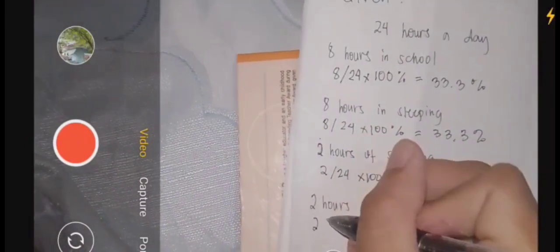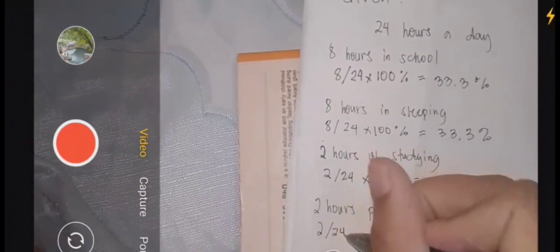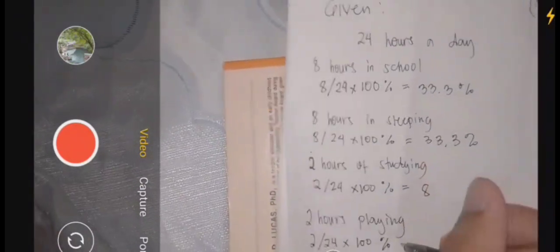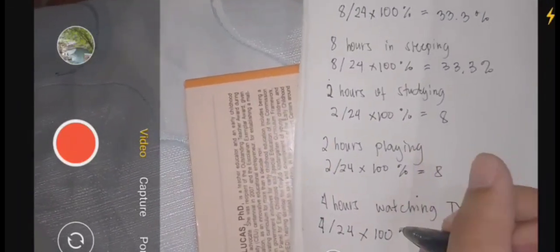Same here, equal to 8%. Now for here, 4 divided by 24 hours times 100% is equal to 17%.